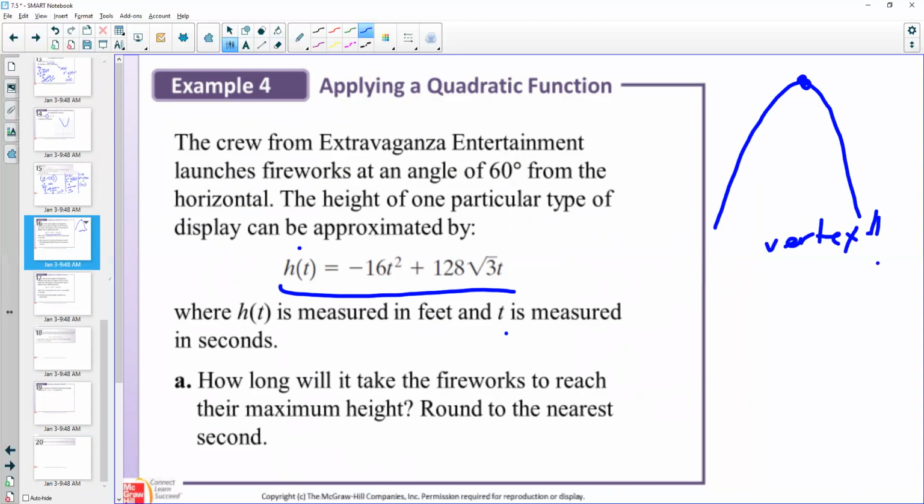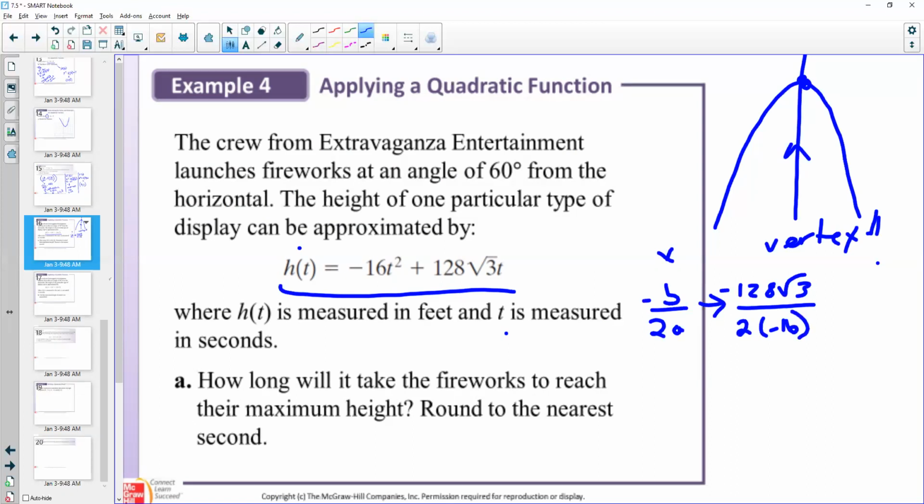Okay, so do I want to know the x value or the y value there? Well, really, I want to know the y value, don't I? The max height is how far up the y-axis it is. So we need to find the vertex. Negative b over 2a is the x value. So negative b, which is negative 128 square root of 3, over 2 times negative 16. You have a calculator, you can calculate that.